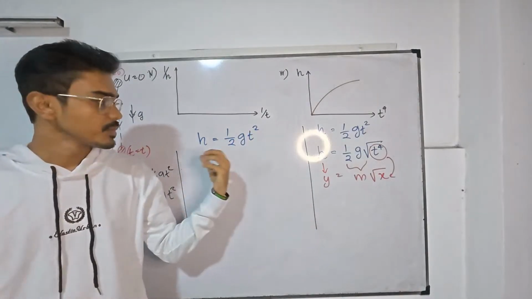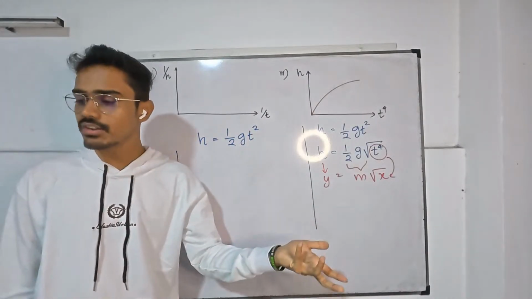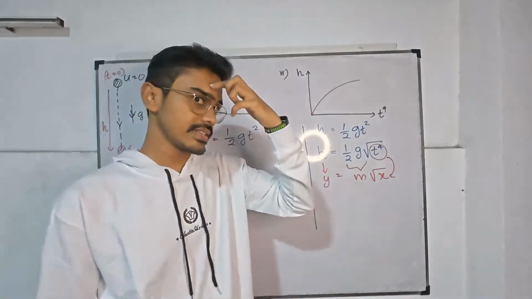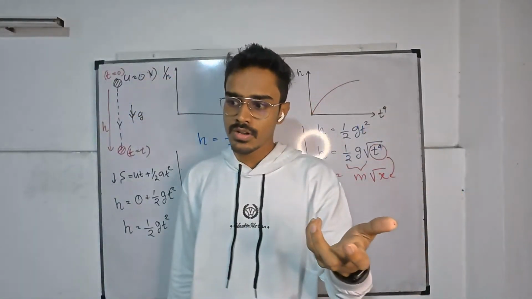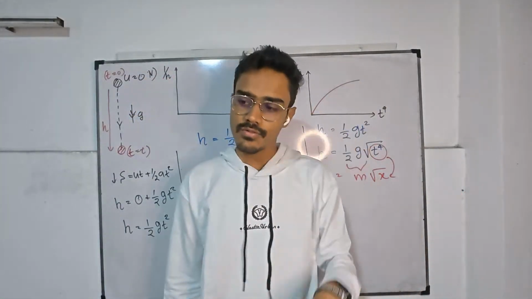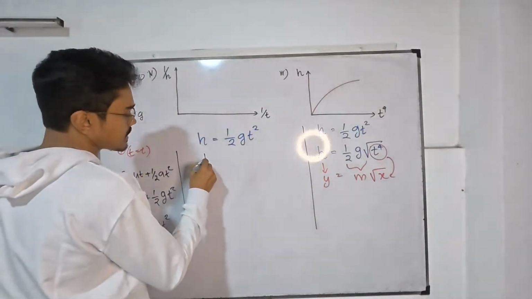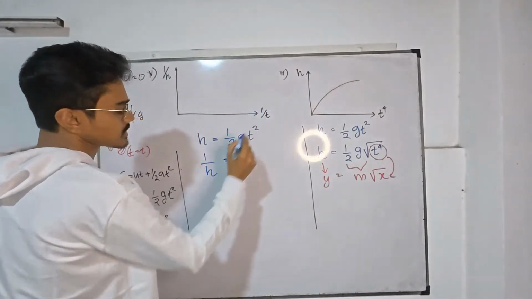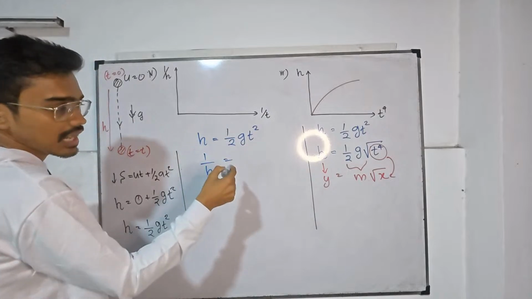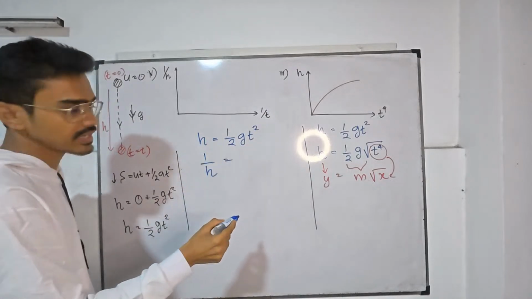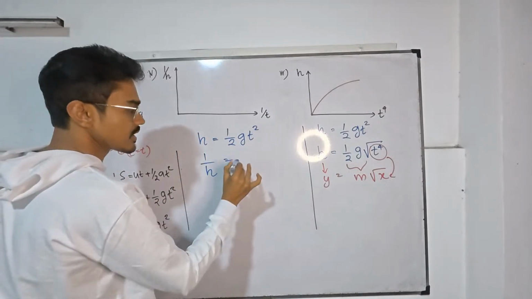So apparently both sides are considered as 1 over terms. So therefore, I'm going to put both sides as 1 over sides. This can be written as 1 over h equals 1 over half, which is 2. Now, if you don't get it, I'll write everything.